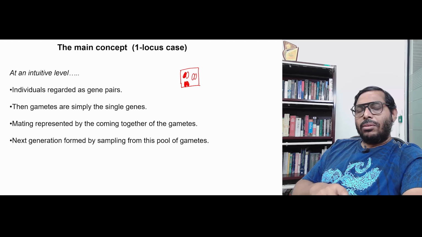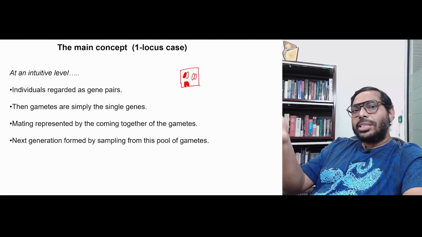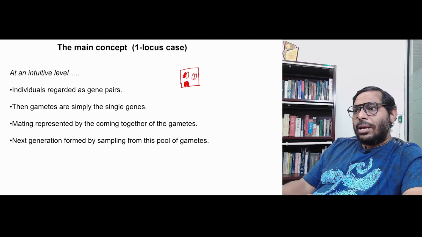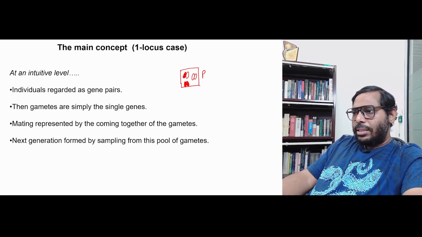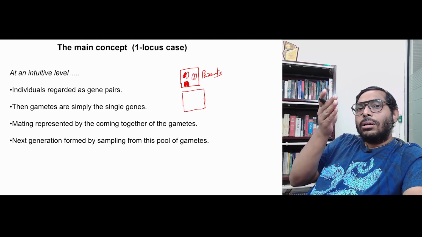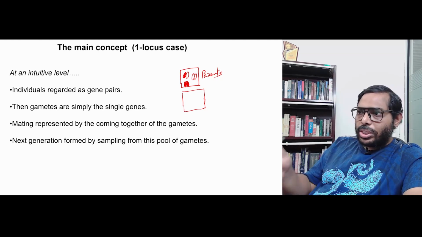Okay. So, what is the implication of this? If you think of the organism like this, so these are the parents, let us say, then what will the gametes look like? Remember, the gametes are simply coming into being because of reduction division during meiosis.